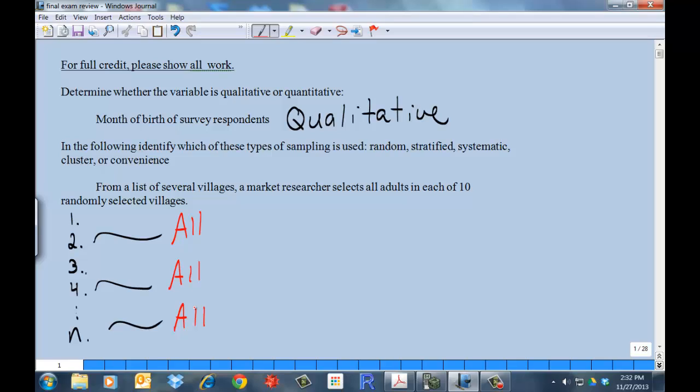And so this points us to cluster sampling.